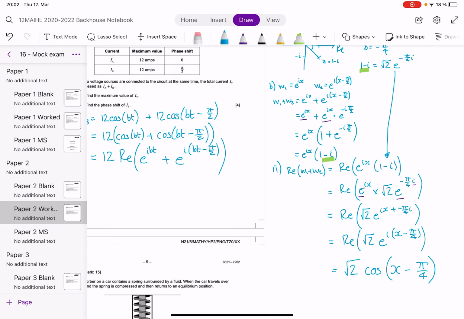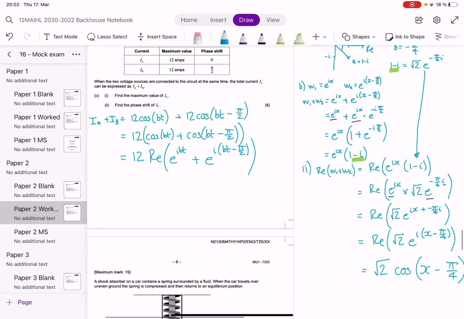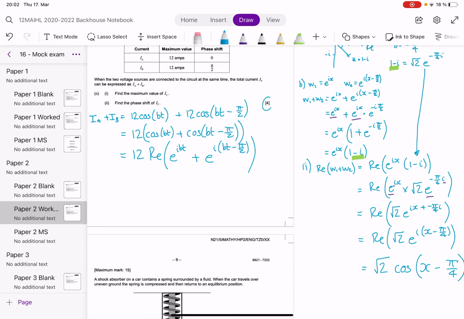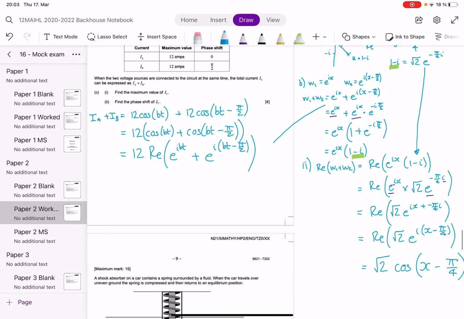Now, let's think about where this comes from. This looks like it could end up being loads of work, but there's only 4 marks and there's 2 parts to part C. So that gives me an idea that I've already done some of this work. And if I look over here, I can see that it's really similar to what I've got here. So it means I can really be thinking about this result down here, because that is where it all led.